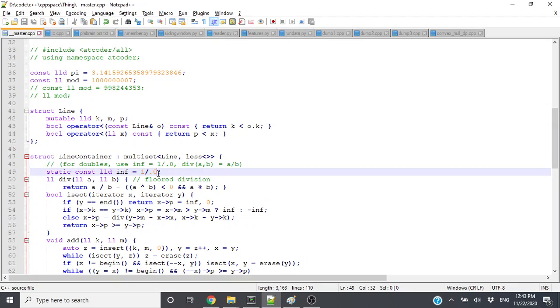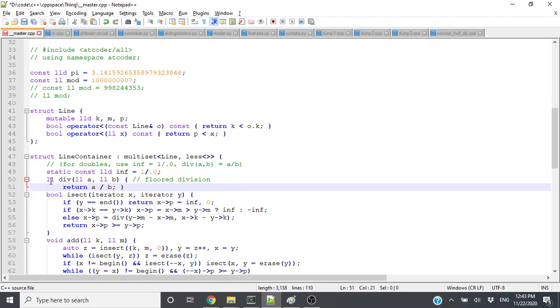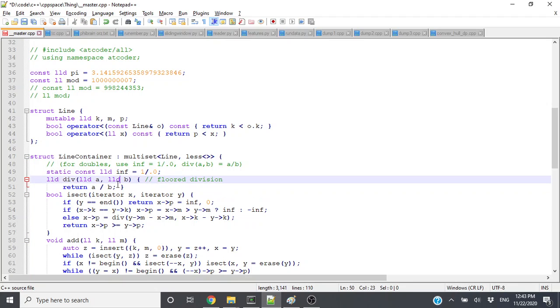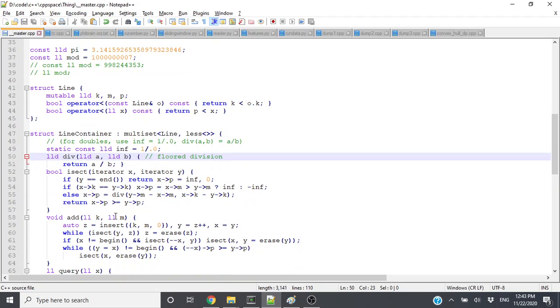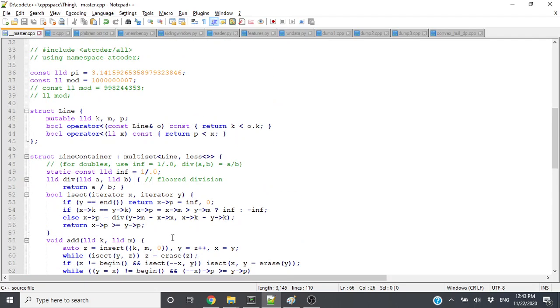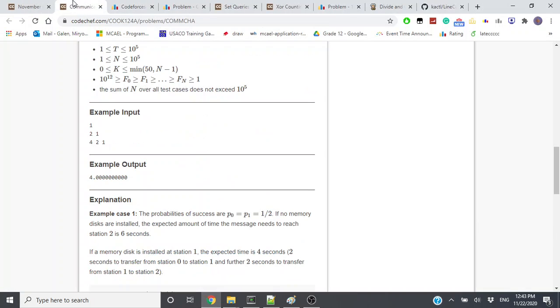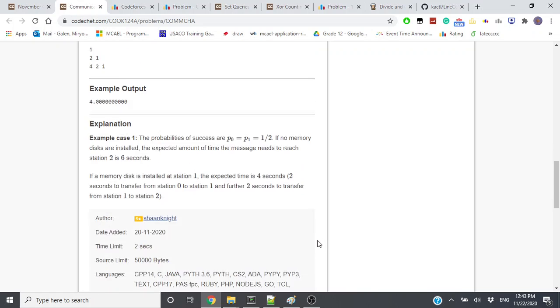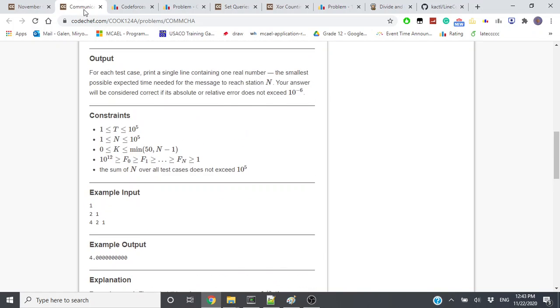So we can do this, 1 over 0.0, return A over B, long double, long double, long double. We have precision of 10 to the negative 6th. Sure.